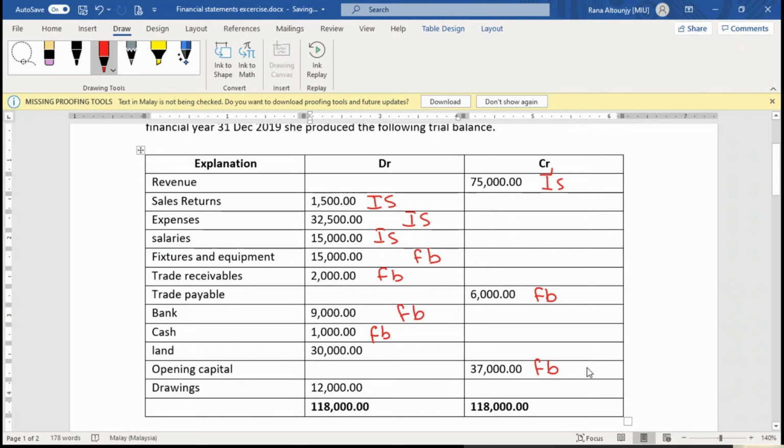Then the last thing left is drawings. Where do we put the drawings, financial position or income statement? Financial position. Good.